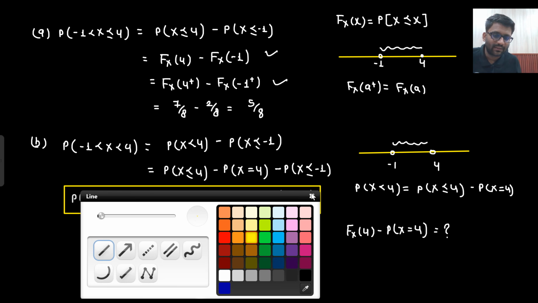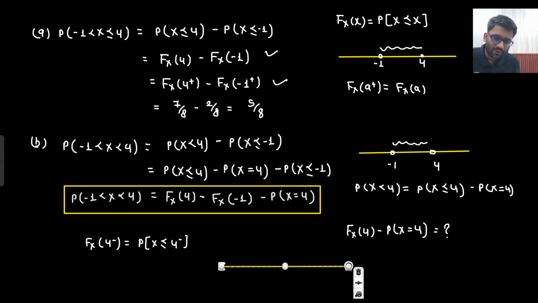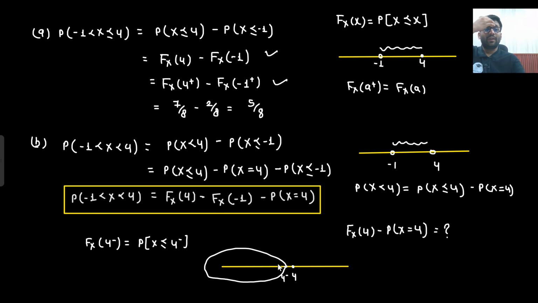Are you able to understand this point? Fx of 4 minus. If this is your 4, this would be your 4 minus. That means it is telling that probability of random variable x taking values lesser than equals to 4 minus. That means 4 minus is included, until minus infinity you can go. Everything you can tell, but 4 should not be included.